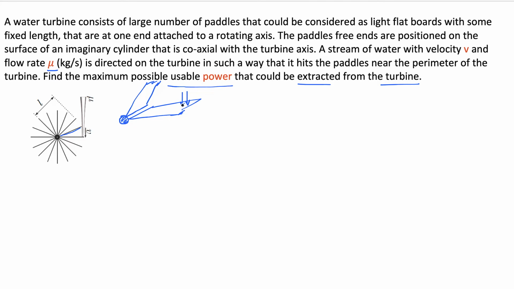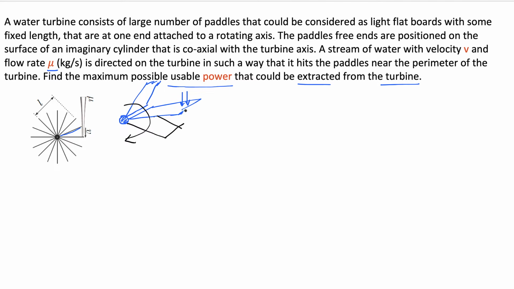So if you think, let's say this turbine is initially stationary, it's not moving, and these are blades, okay. Then once the water starts falling on it, the turbine will start rotating like this, right?